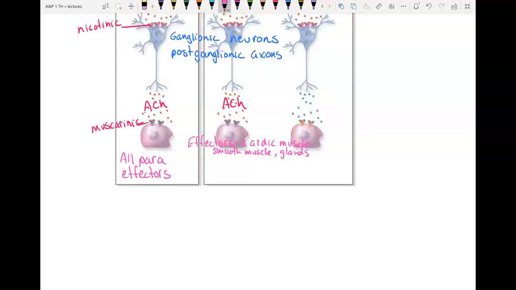Then over here on our sympathetic side, some of them are acetylcholine and some are norepinephrine. And the effectors that use acetylcholine for sympathetic are going to be sweat glands and blood vessels of skeletal muscle.